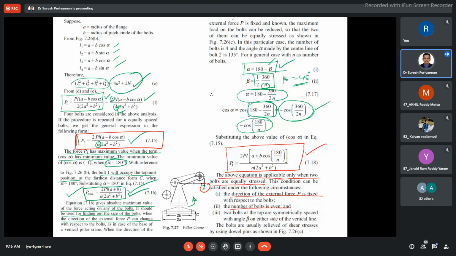This equation is suitable when the number of bolts is even, and the beta angle must be similar for all bolts. When the direction of the external force is changing, we have to use another formula, formula 7.16, for a changing load direction.